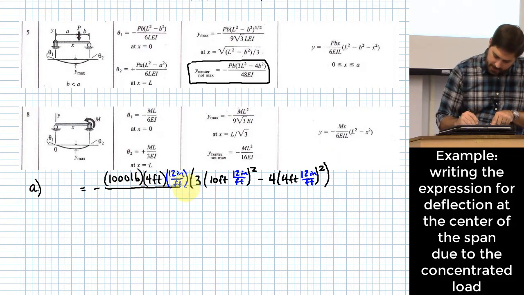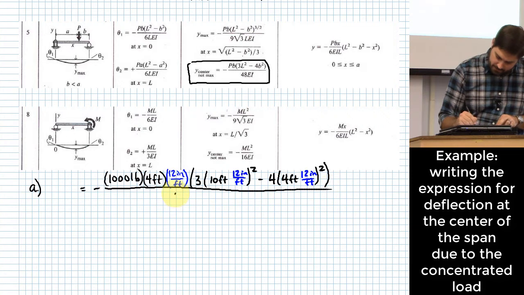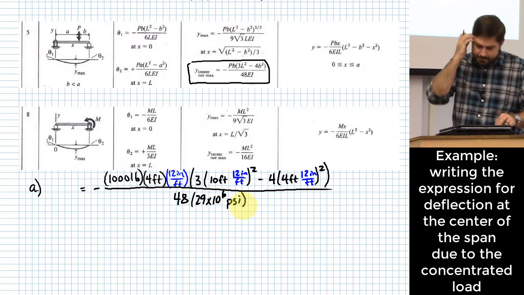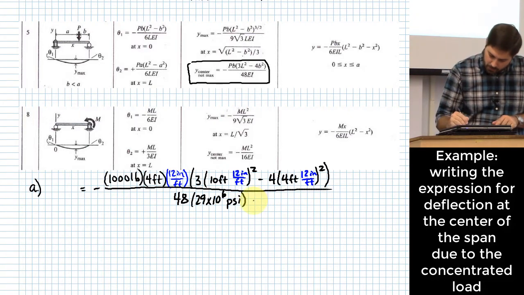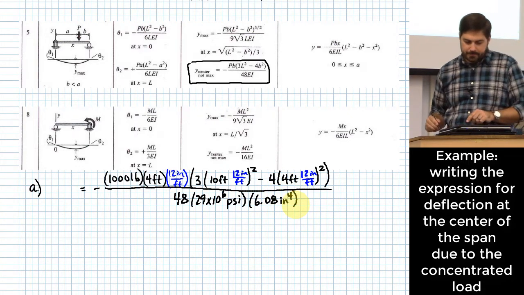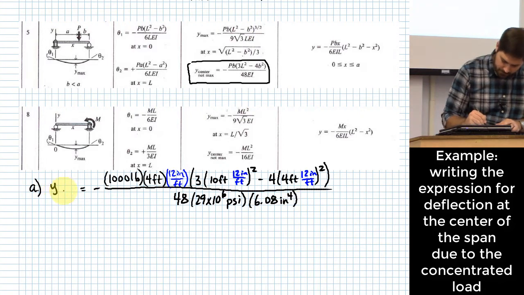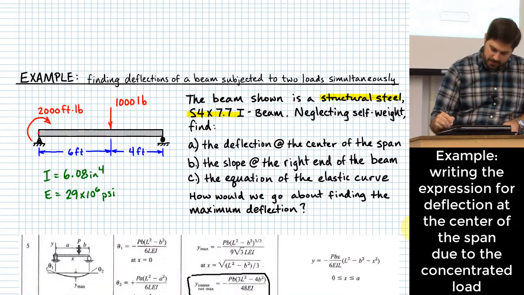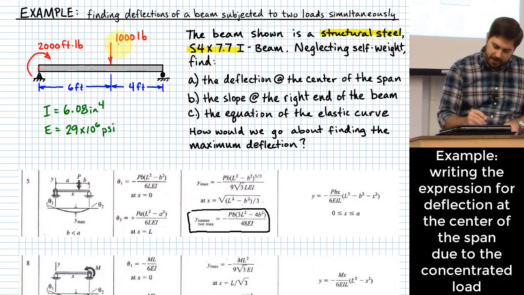All this gets divided by 48 E. E is 29 times 10 to the 6th PSI, and I was 6.08 inches to the 4th. Now that accounts for the effect of the 1,000 pound load up there.